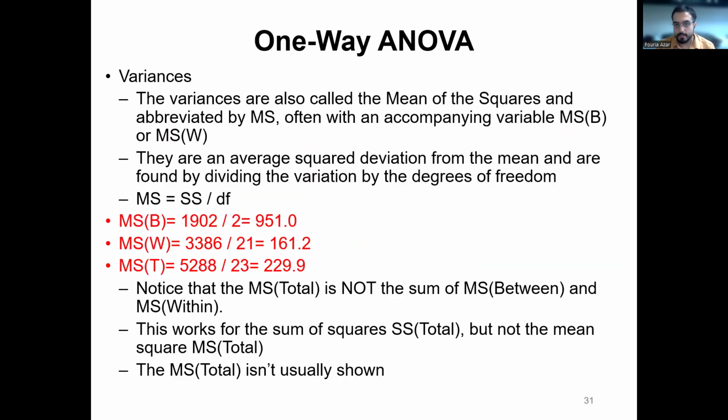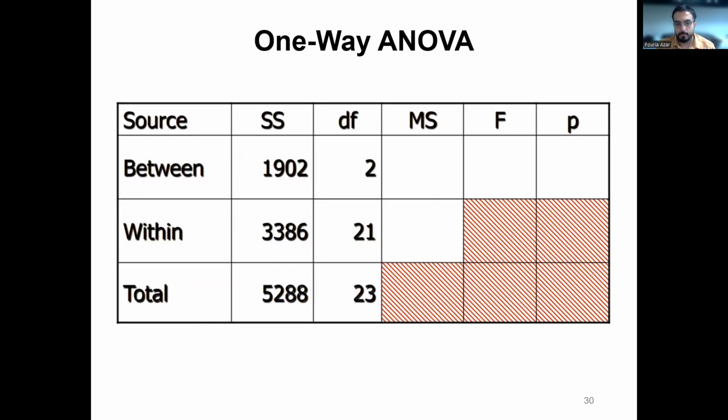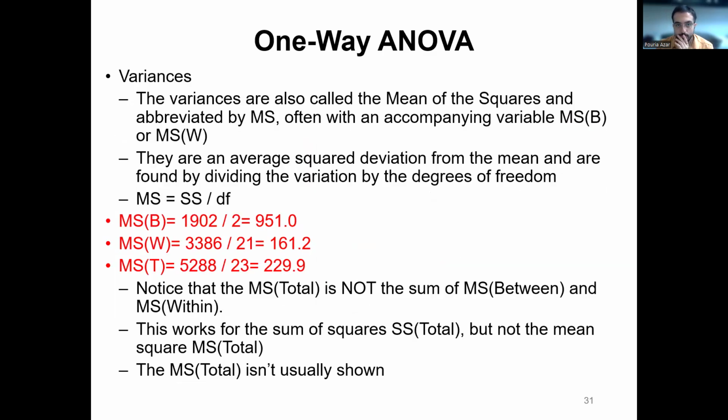For the MS, or the mean of the squares, that's our third step in conducting one-way ANOVA. The variances are also called the mean of the squares and abbreviated by MS. So MSB or MSW, that's the mean of the squares between or the mean of the squares within. They are an average square deviation from the mean and are found by dividing the variation by the degrees of freedom.